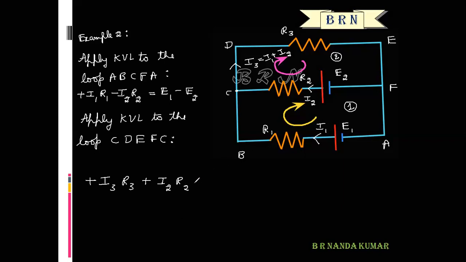And that is exactly equal to E2, which is clockwise EMF, taken as positive. So after that, what is the value of I3? I3 is I1 plus I2, into R3, plus I2 R2 is equal to E2.